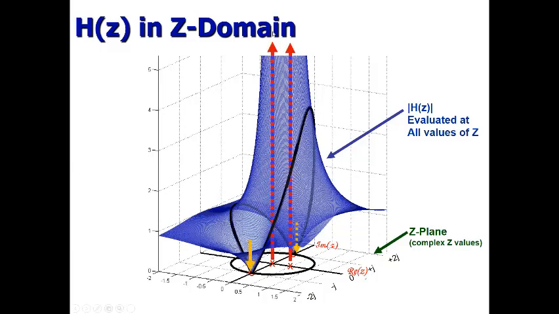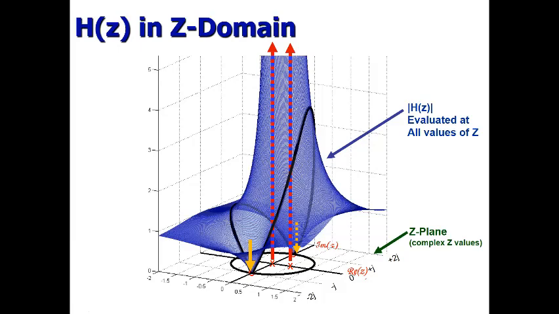Above the poles, it was pushed up to infinity, and down exactly at the zeros, it was tacked down to the z-plane at the height of 0. And the rubber sheet, if you will, takes its shape from there. Now, that's what's going on for H of z, the transfer function, at least the magnitude of the transfer function.